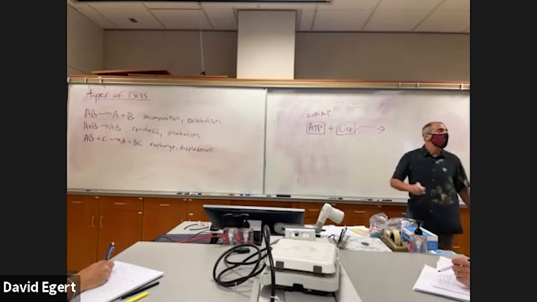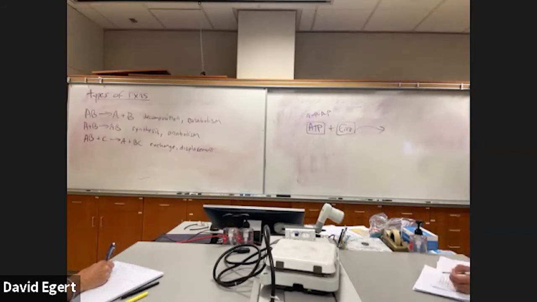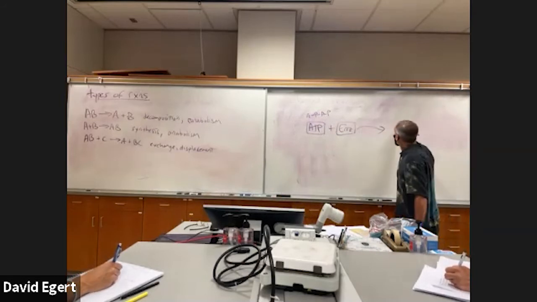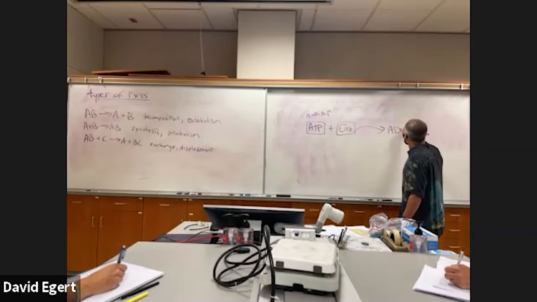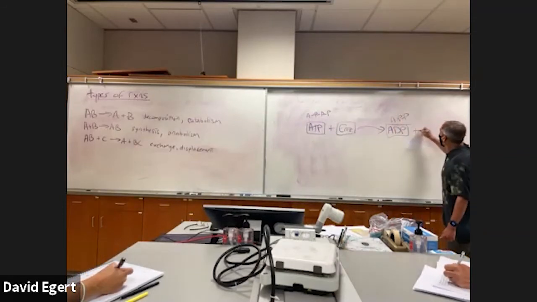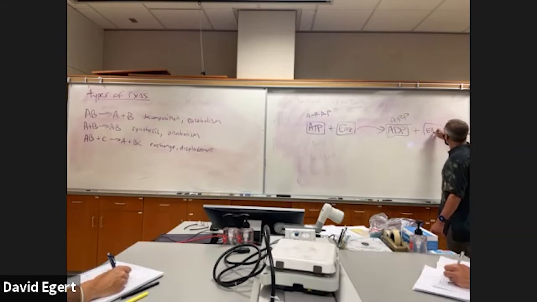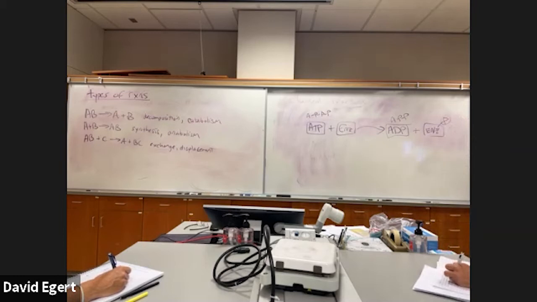We'll talk about a specific kind of enzyme known as a kinase. Its job is to swap out phosphate groups. And we'll end up with ADP, adenosine that only has 2 phosphates left, and we'll have the enzyme with a phosphate group hanging on it.